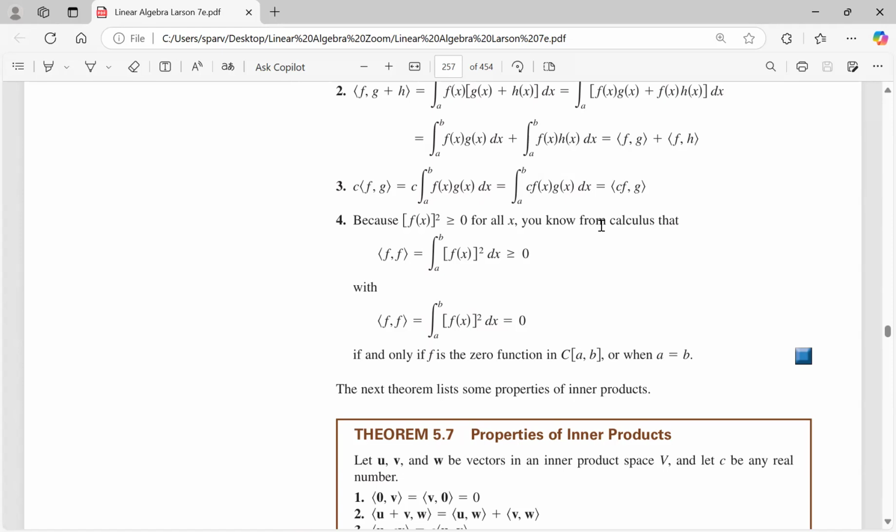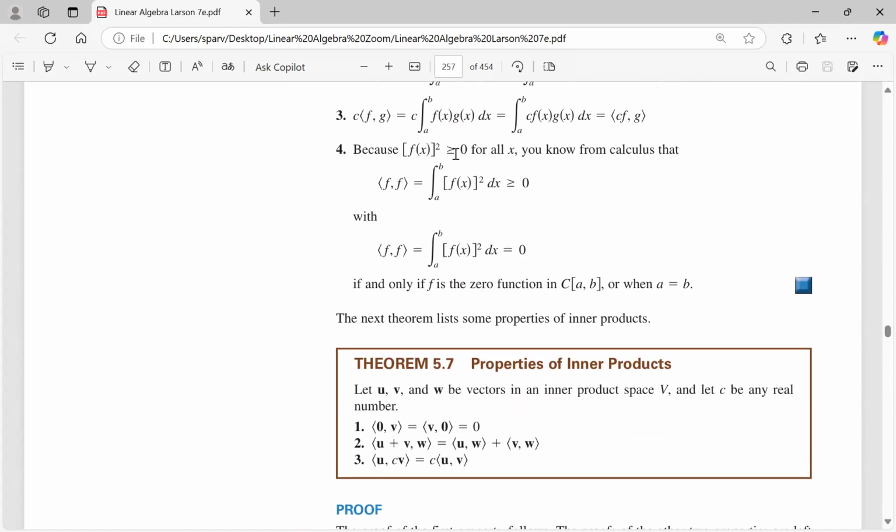And finally, the non-negativity. f dotted with itself gives you f of x times f of x, which you can write as f of x squared, because you square the f of x.